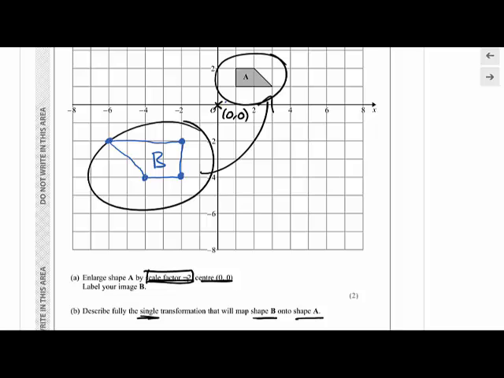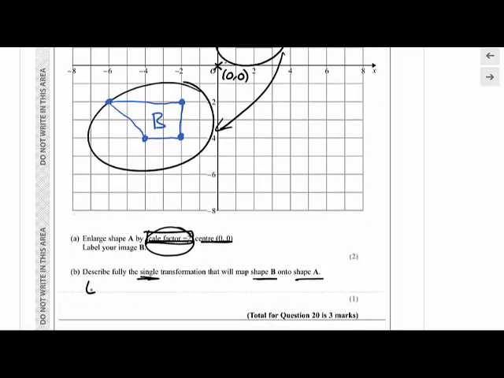So if we've enlarged shape A into shape B by a scale factor of -2, we're going to have to do an enlargement scale factor, I can just abbreviate it as SF, that's fine.